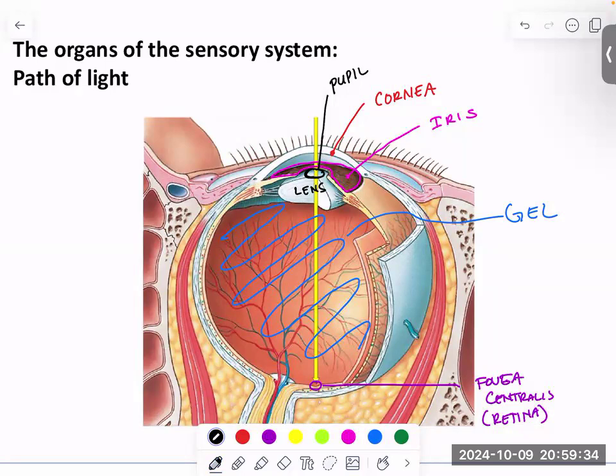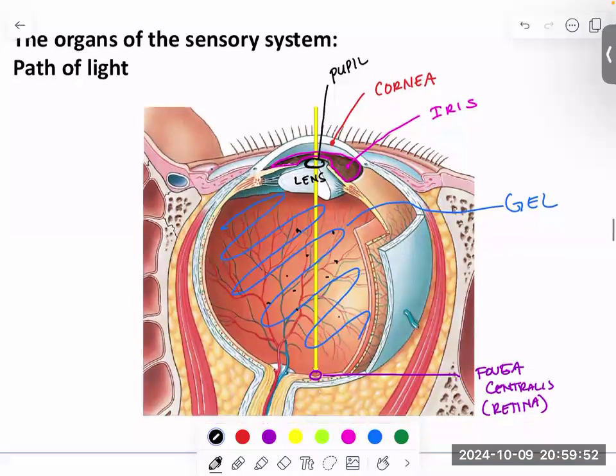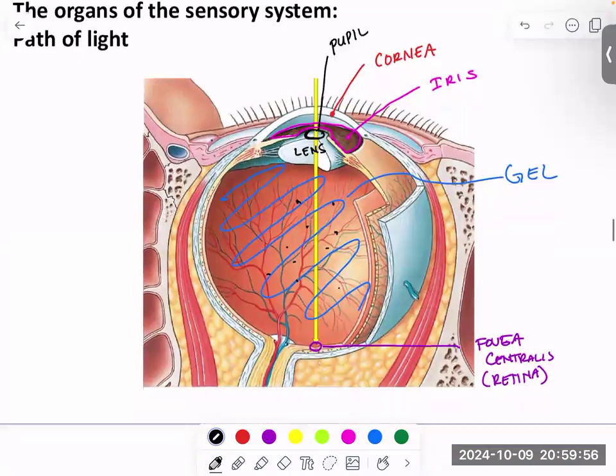It's debris that's just floating in there, impurities that are floating in your gel. You'll see them. Some people have more than others. Remember that gel when you open up that eye. Humor.